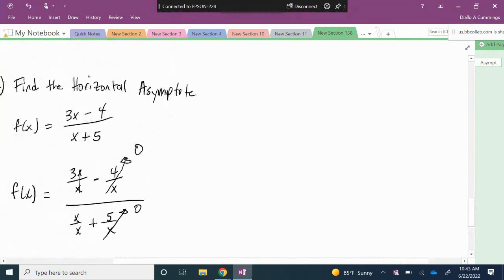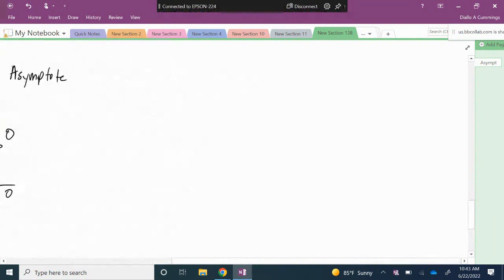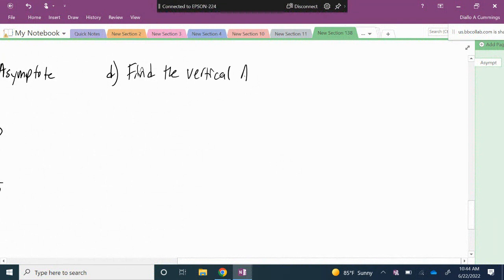All right, now we're going to find the vertical asymptote. Okay, so again, I'm just going to write the equation f of x is equal to 3x minus 4 over x plus 5.